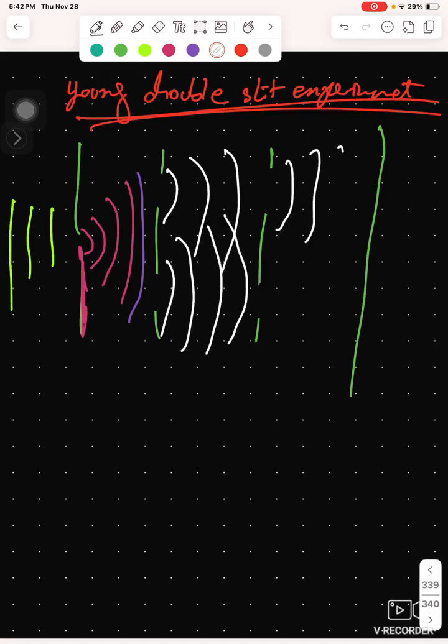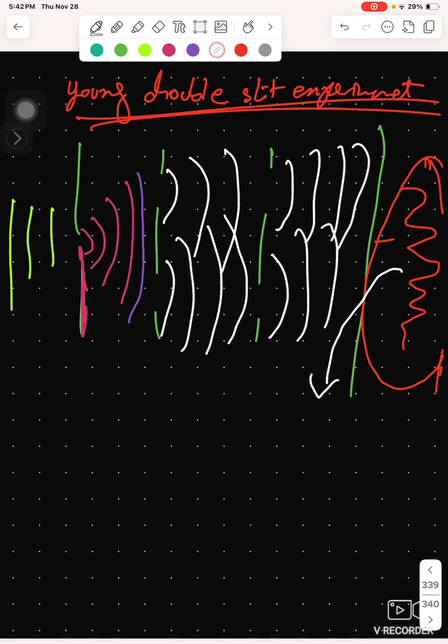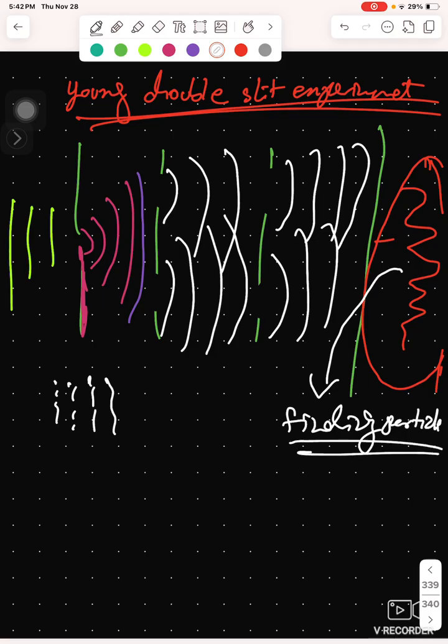And so over here we get a wave. This wave is nothing but the probability distribution of finding the particle anywhere here, because we know that when we don't observe it, the particle spreads out and gives a pattern like this. So we can find the particle here, here, with this probability.